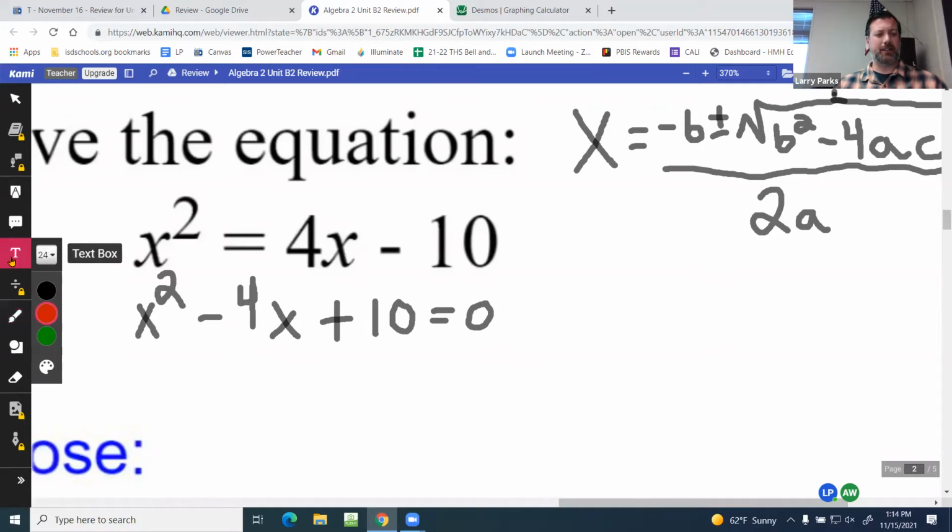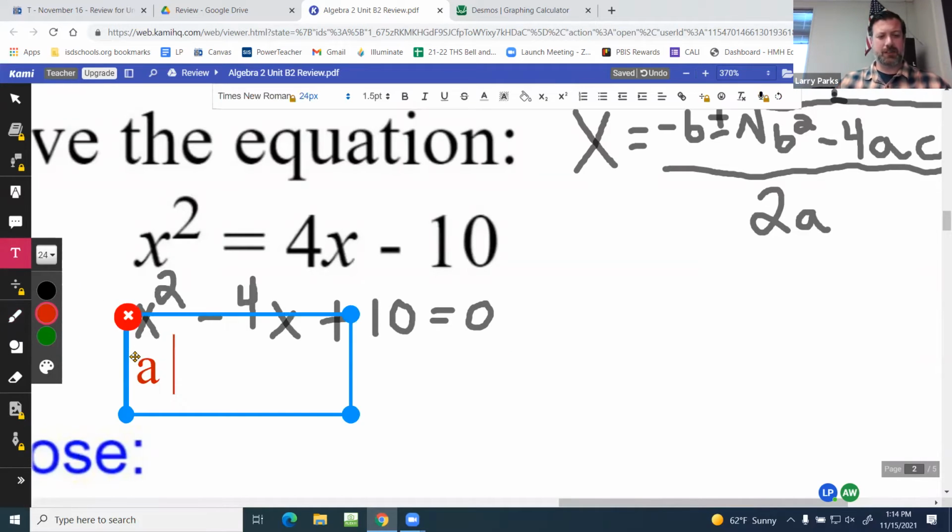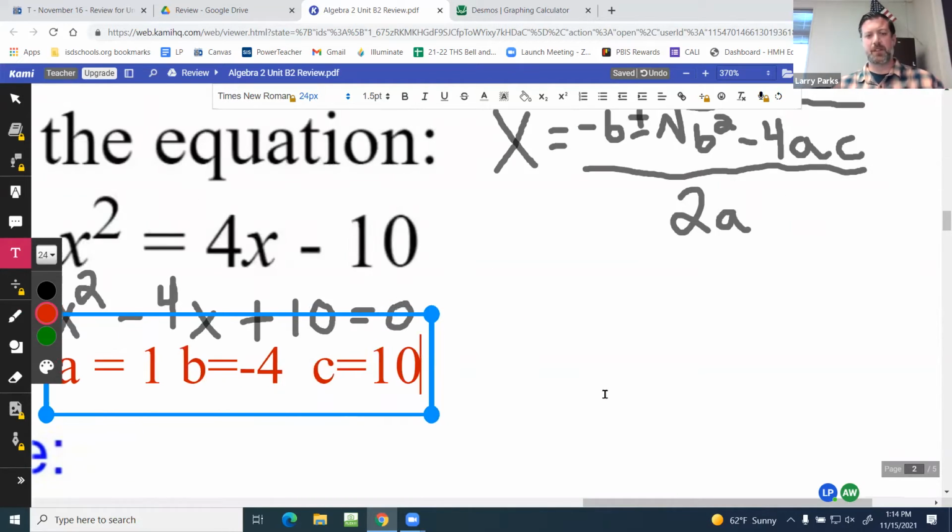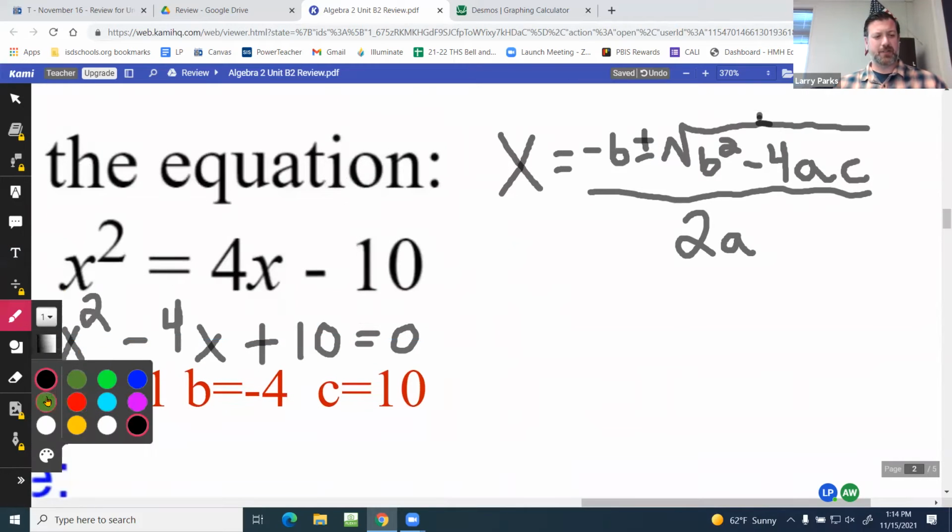So what do I have? A is 1, b is -4, and c is 10. So now I can plug into my equation.